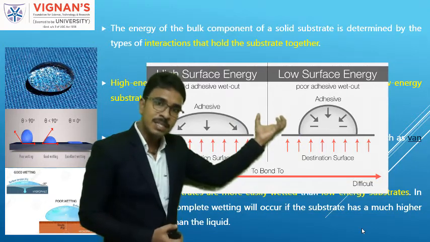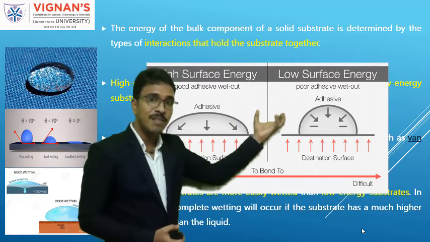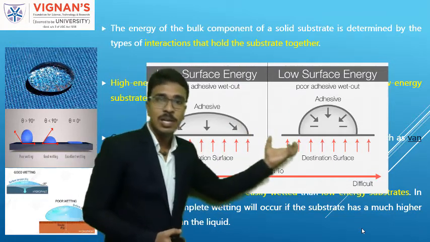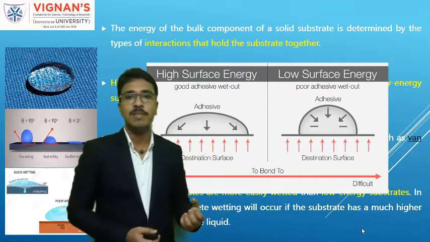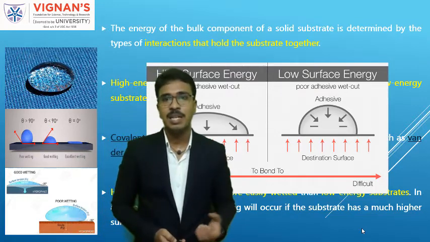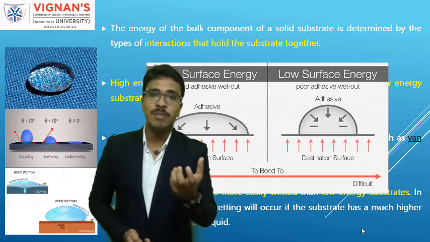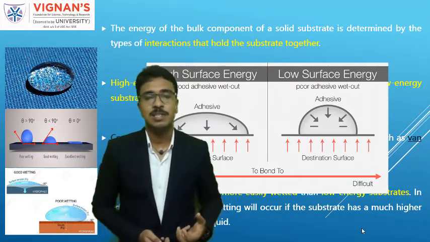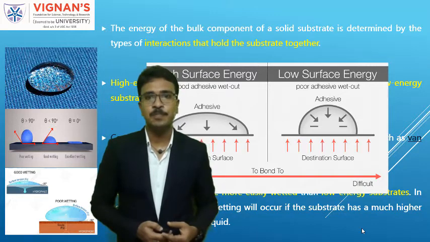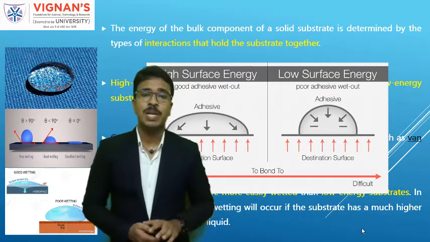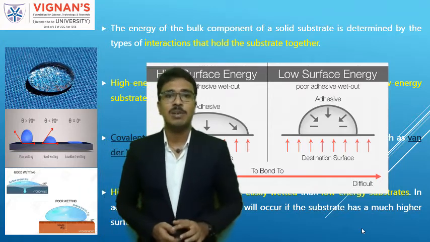So the droplet has high surface tension, whereas the solid surface has low surface tension. That's simple. This makes the surface not wetted by the liquid particles. I hope you understand this surface energy concept.